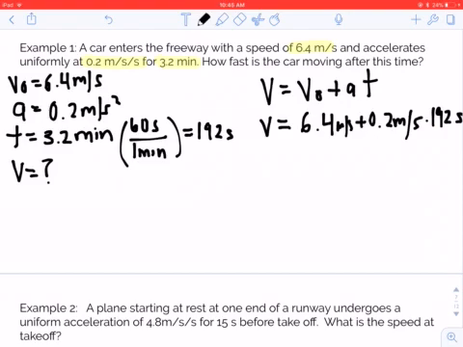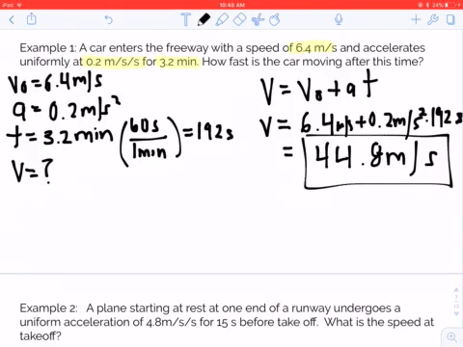Units there. We will have meters per second. The final velocity is 44.8 meters per second.